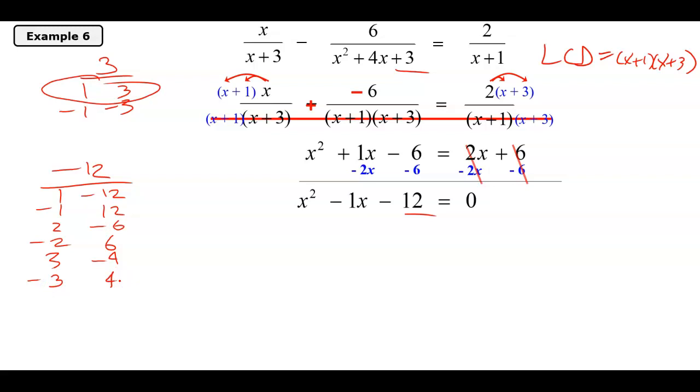Which one of those pairs is going to add up to make negative 1? What do y'all think? Negative 3 and 4 will make positive 1. So 3 and negative 4 add up to make negative 1.